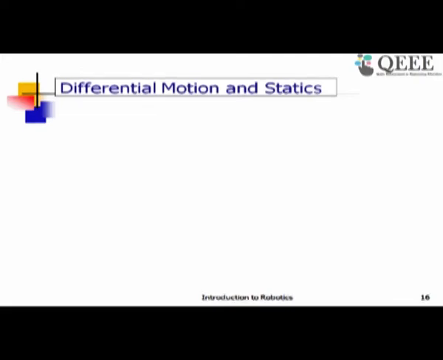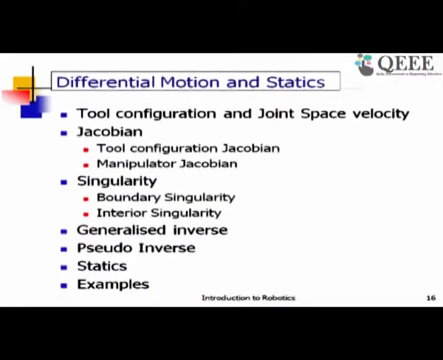We will briefly go through the differential motion and statics as applied to manipulators. So far what we discussed was only the position relationship. We discussed the x, y, z position and theta 1, theta 2, theta 3. What we are going to discuss now is how the velocities can be related. We know the position can be related through forward and inverse kinematics.